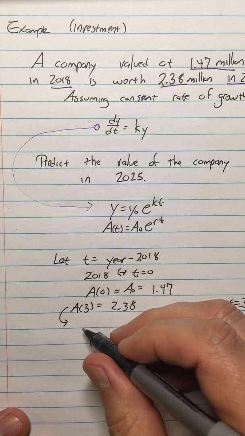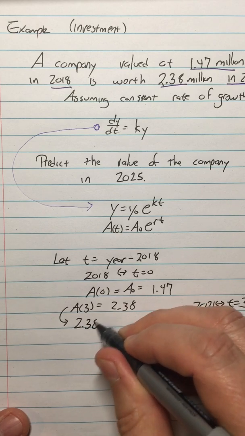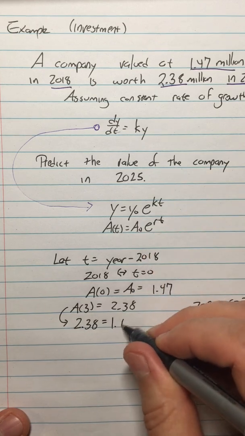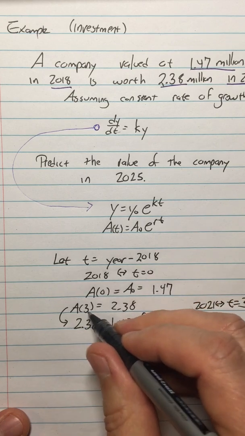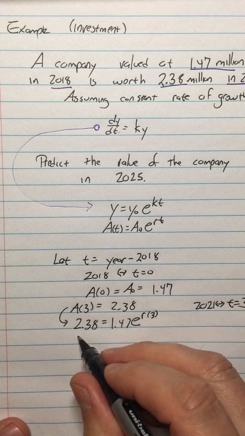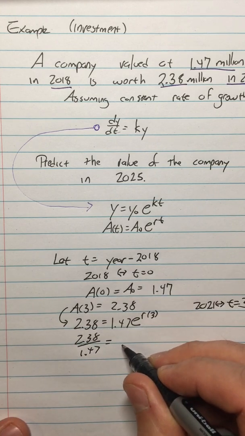All right, so then we can say that 2.38, right, that's our a of t, is equal to our a0, which is 1.47, e to the r is going to be unknown, but our time that has elapsed is 3. All right, so you solve that using logarithms. I just solved it without getting intermediate values.